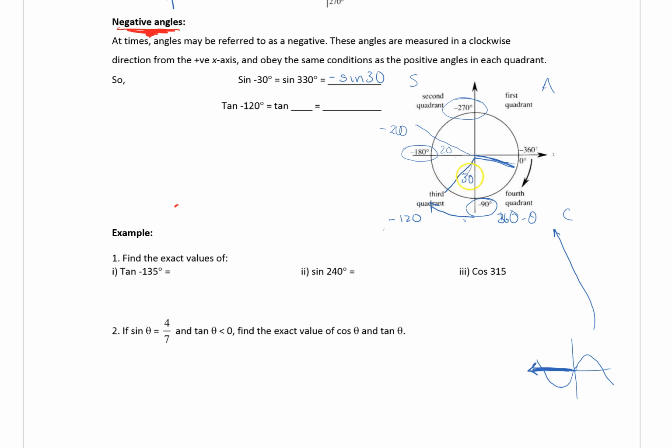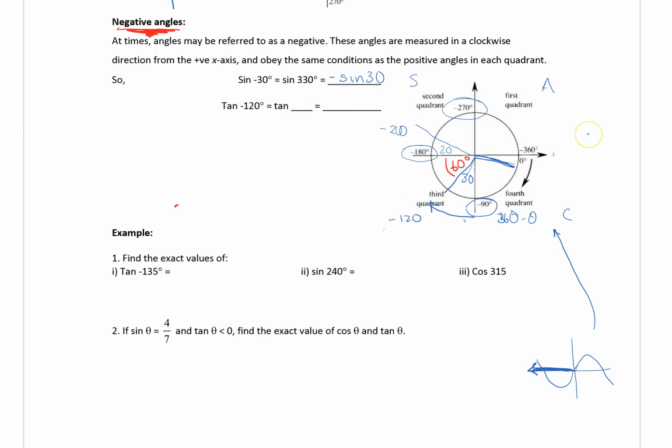But that's not the angle we identify in the third quadrant. The angle that we identify is this angle here, because it's this angle that gives us the connection back to the acute angle. So in this case, it will be the tan of 60.